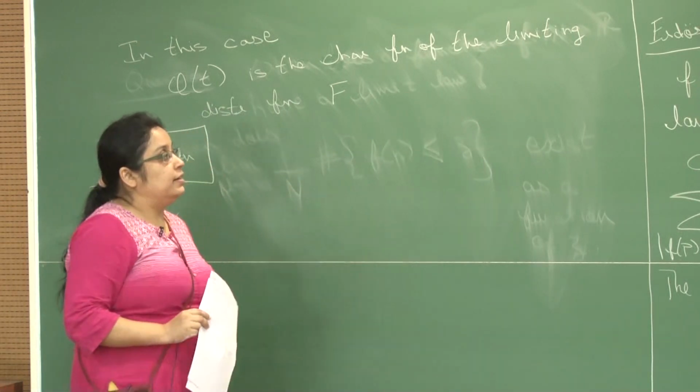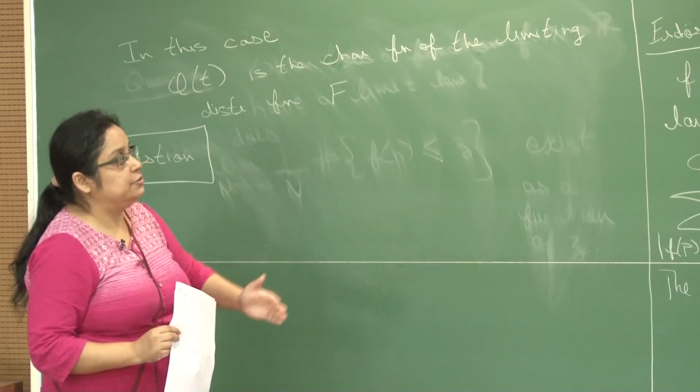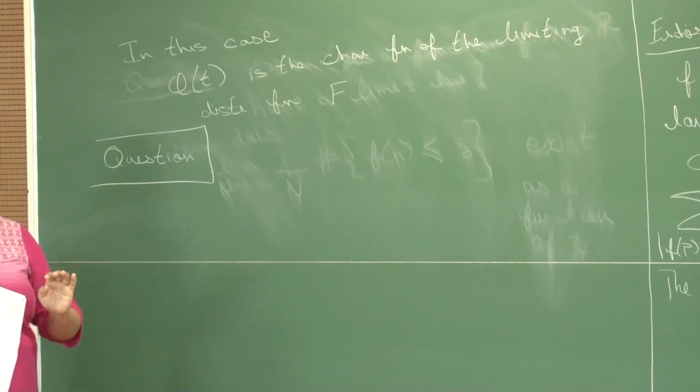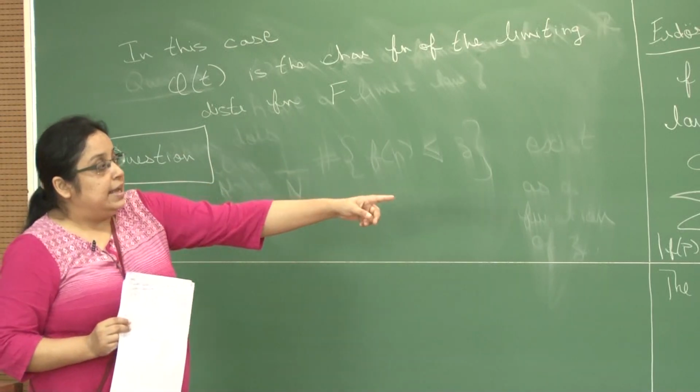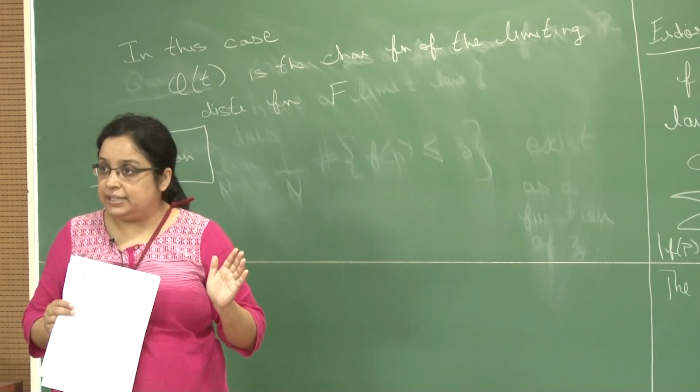The kind of arithmetic functions that we are very much interested in this course are additive functions, in which case exponential of i f of n will turn out to be a multiplicative function.